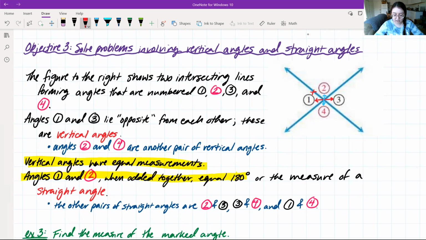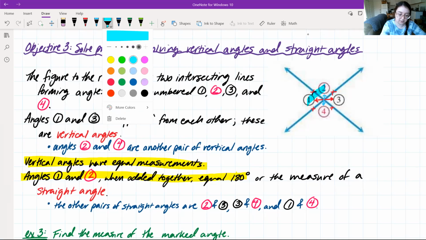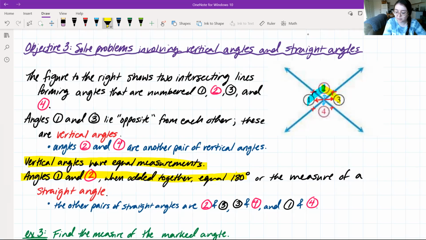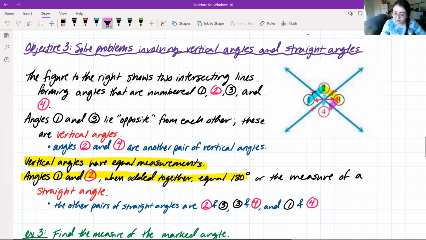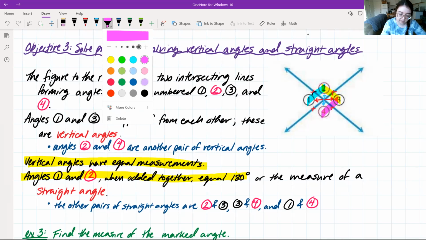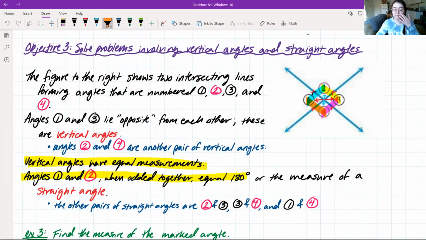We also see that our other pairs of straight angles are going to be 2 and 3, 3 and 4, and 1 and 4. You can kind of highlight these as well. So 1 and 2, 2 and 3, 3 and 4, and 1 and 4.